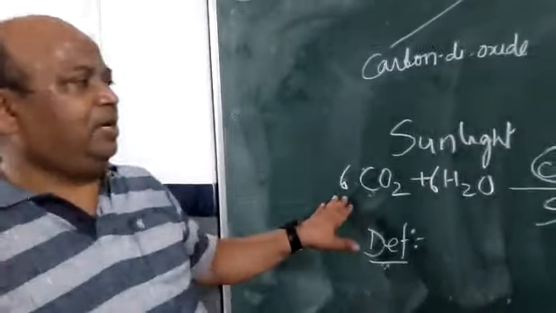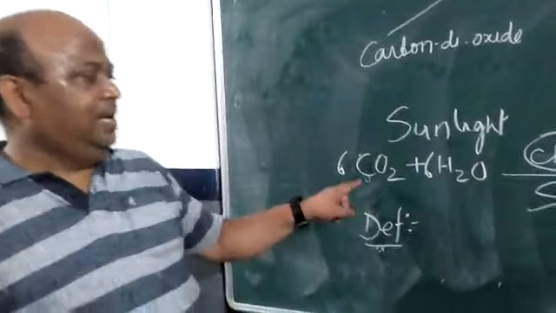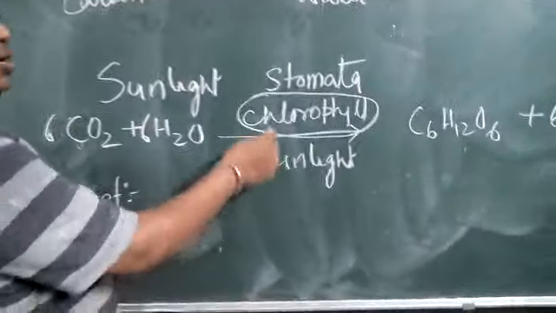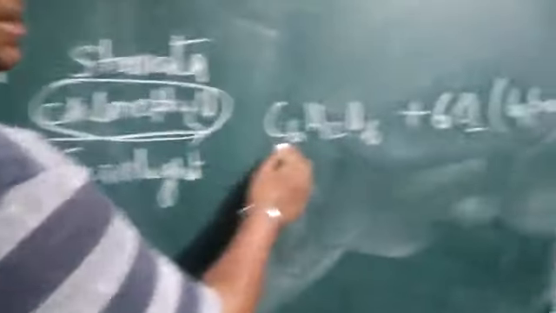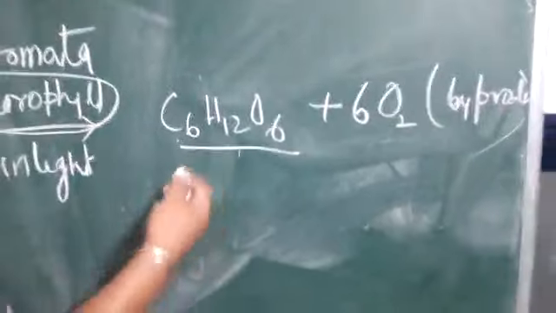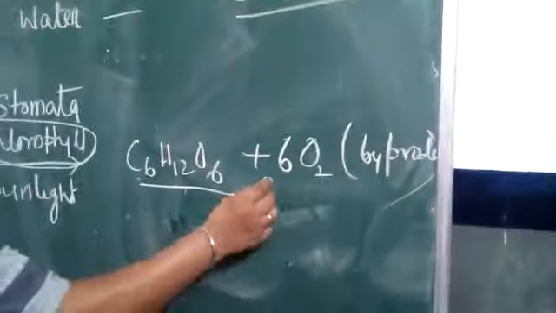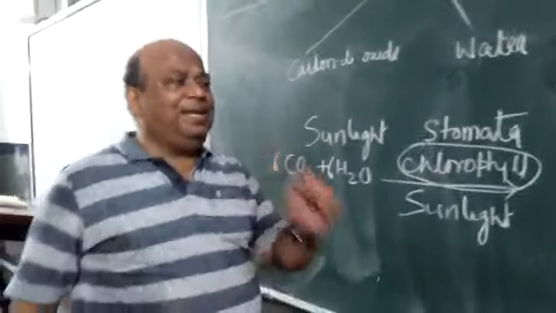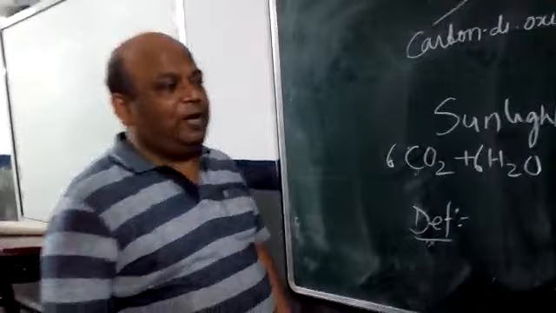I have mentioned the chemical reaction for your understanding. I say carbon dioxide mixes with the water in presence of sunlight and chlorophyll and forms C6H12O6. That is the basic structure of the carbohydrate, and the byproduct is oxygen. You must have heard that we always say that planting a tree is very useful for human beings. Why I said?